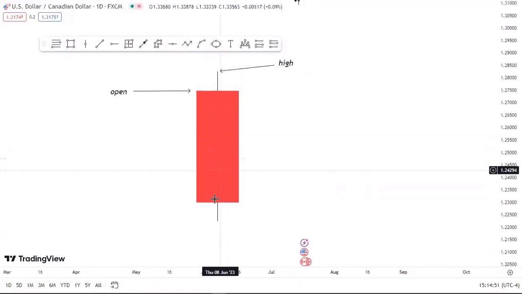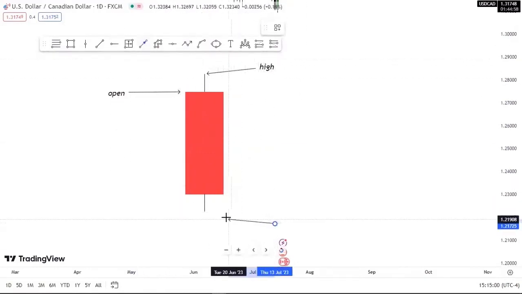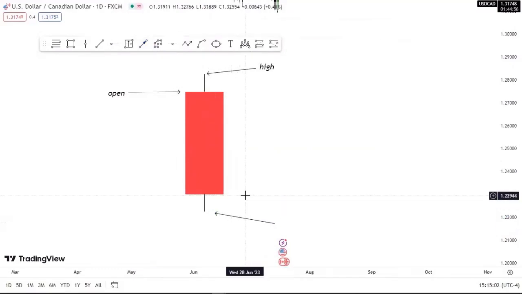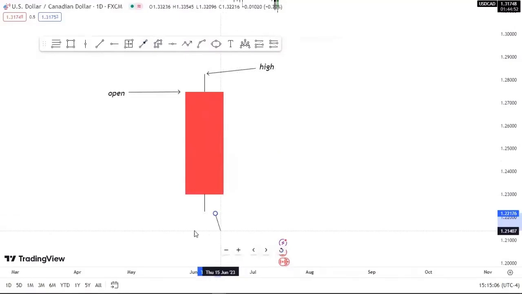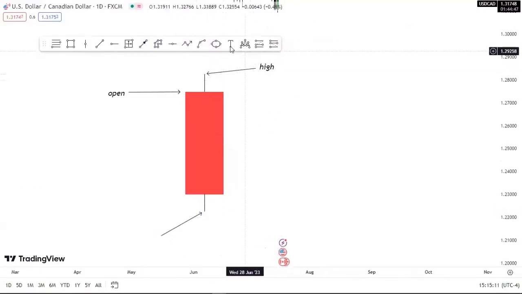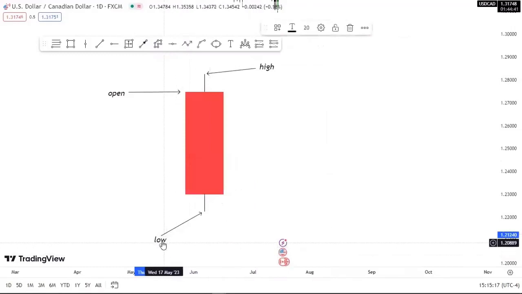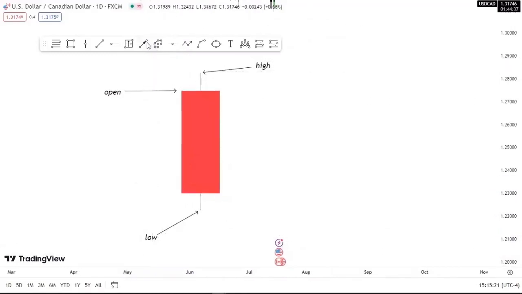Then it comes down, getting ready to close, but that's not the close in most cases. It actually comes down to form a low. The low is the lowest price the market went to within that 1 hour.